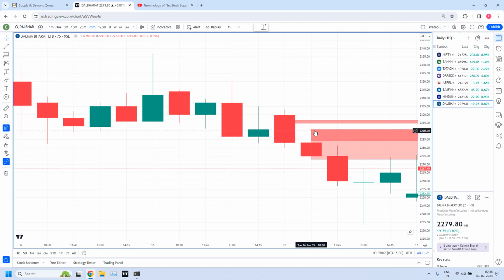If that zone is there at the distal line and there are some pending orders inside this zone, if those pending orders are consumed but it is still unable to hold the demand, so if it is violated, most probably the 5-minute zone or 15-minute zone above this high liquidity zone will act as a trap.